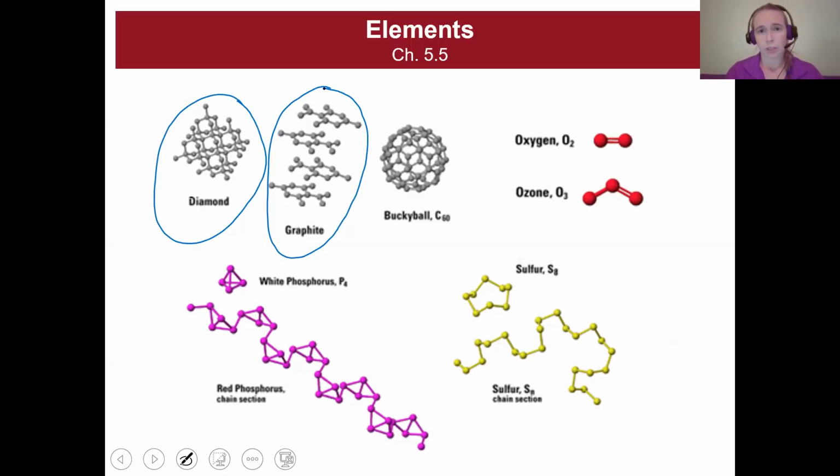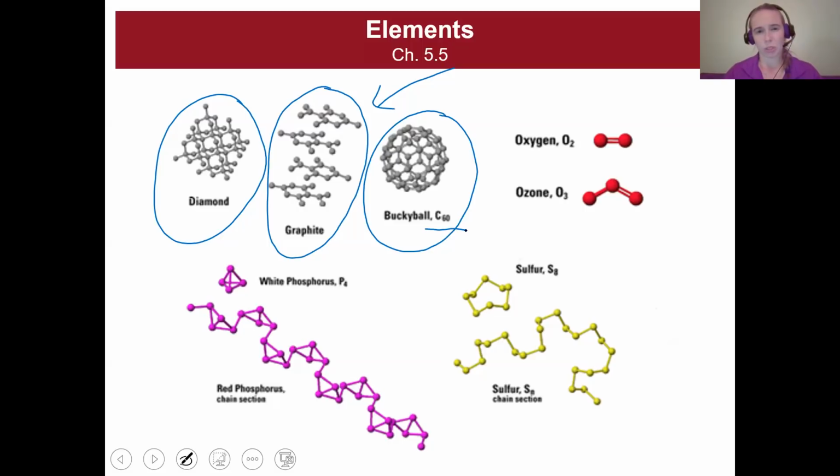Graphite is what you find in the lead of your pencil. So graphite has these layers of structure. They're flat layers. And then you can even find carbon in the form of a buckyball. Buckyballs are super cool. It is 60 carbon atoms, all sort of bonded together.